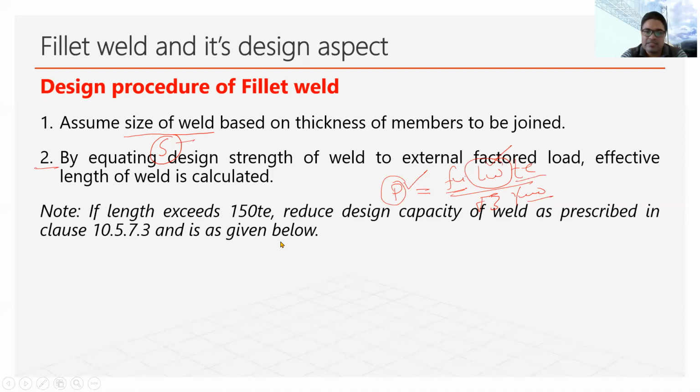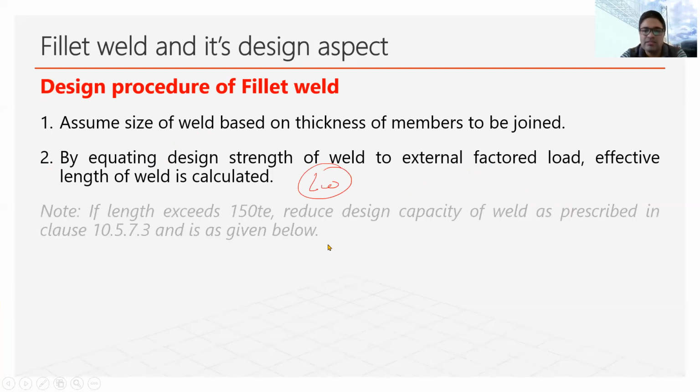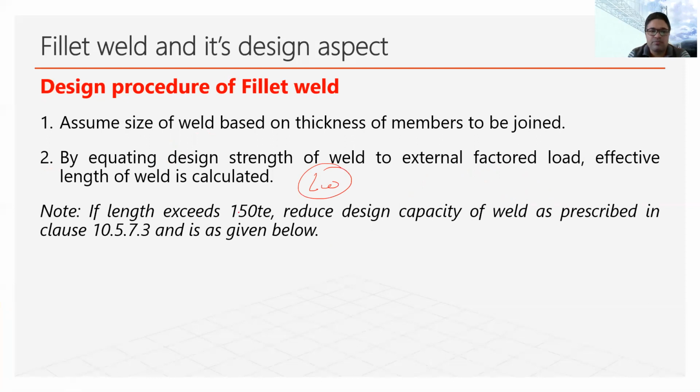In the third step, yes, one important thing. The IS code has mentioned that if the value of Lw which we calculate from the formula exceeds 150 times the throat thickness, then we have to reduce the design capacity. Why?